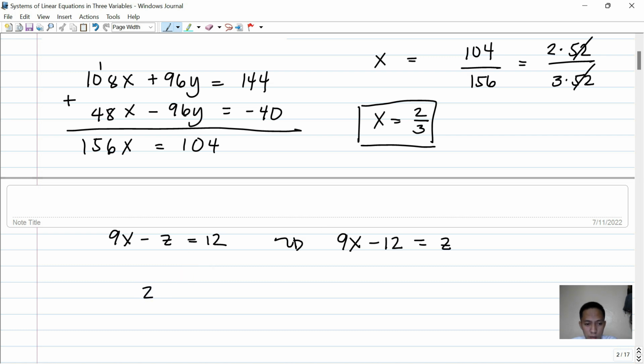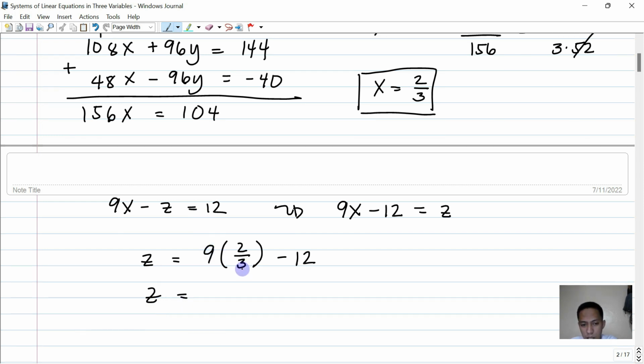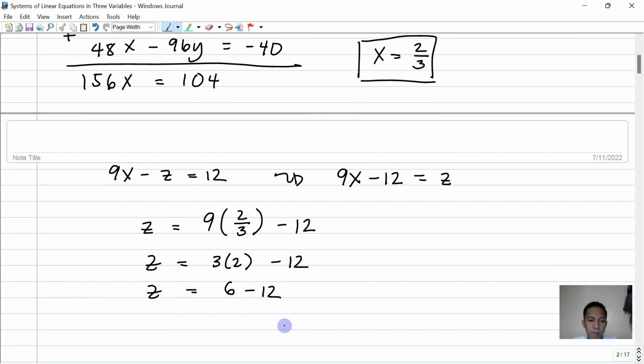So z equals 9x, so 9 times 2/3, minus 12. 9 divided by 3 is 3, so this is 3 times 2, minus 12. So z equals 6 minus 12, and z is negative 6. So z is negative 6.